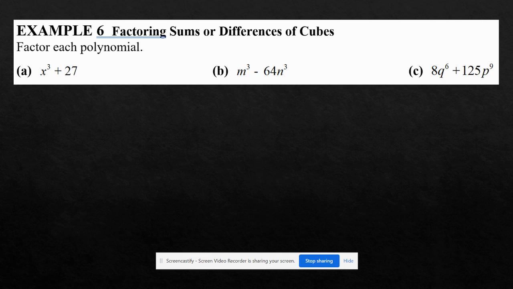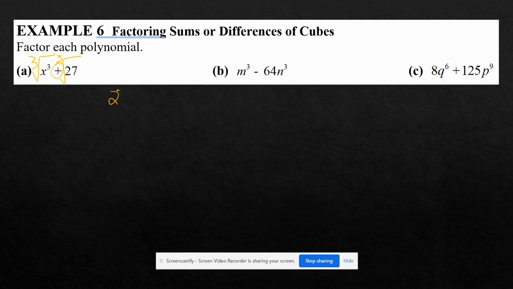Sum and difference of cubes. So remember, you have to follow the signs in the formula. The only thing that we're looking at in terms of the signs given to us is which formula to use. So this is the sum formula. And the first thing that I need to do is take the cube root of each one.